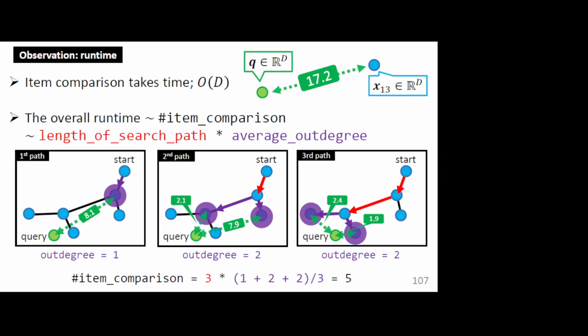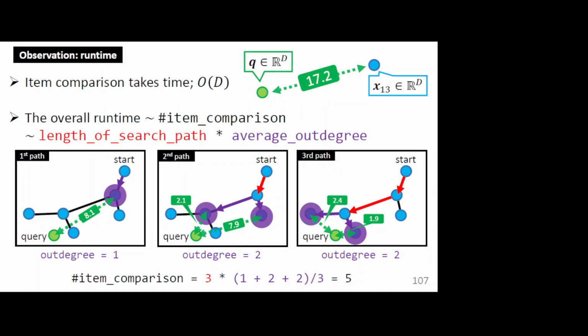Here are some observations. First, we consider the run time, the time complexity. For each item, if you compare their distance, the computation time is d, the number of dimensions.